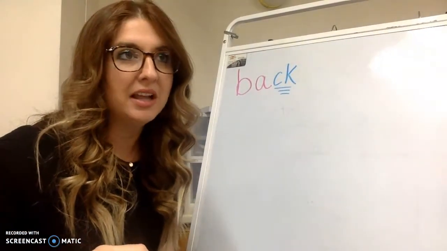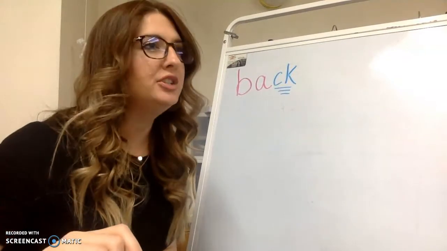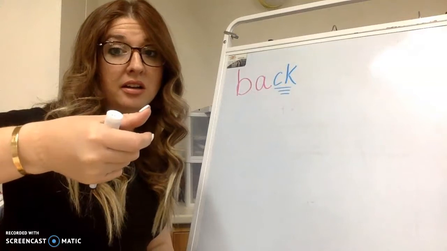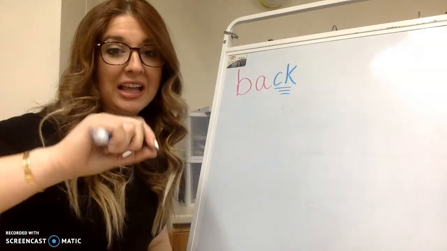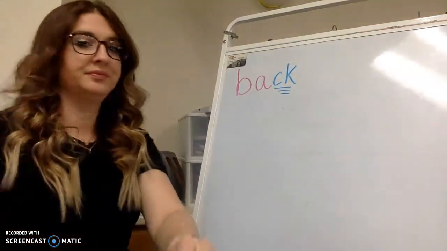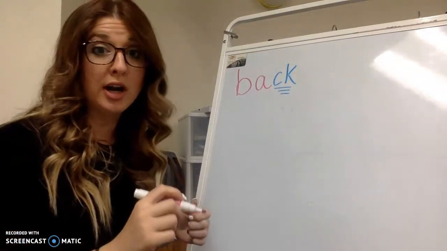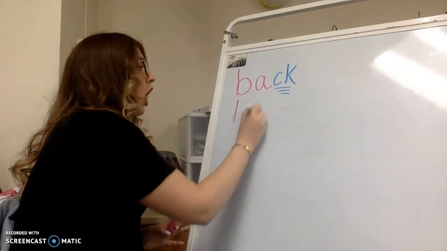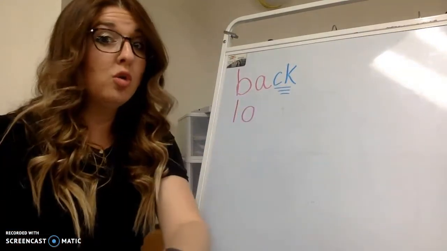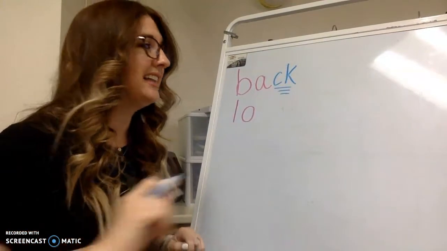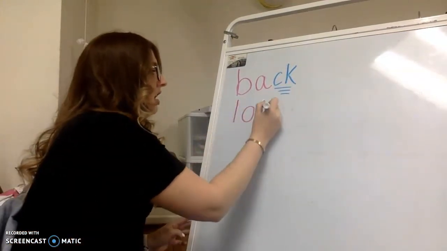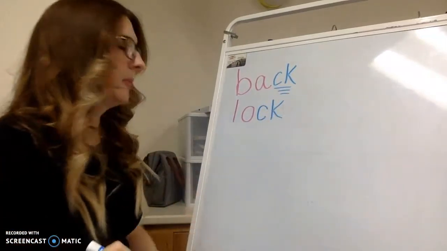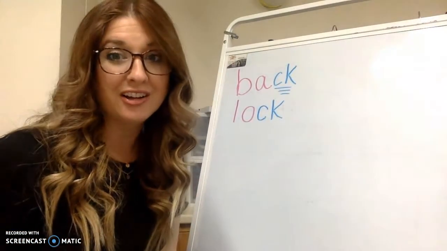Now, I'm thinking of another word. I do this when I leave my house. I lock the door. Let's sound out the word lock. L, o, k. I hear that k sound at the end. Lock.